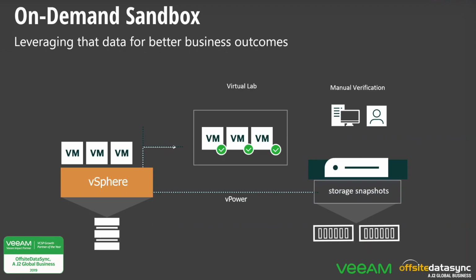Taking that one step further, I mentioned storage snapshots, being able to do that from a fast production storage system that is also holding your production workloads. Think about SQL DBAs. We can absolutely run that from a backup repository, but your backup repository is probably going to be slower, spinning disk, higher capacity.